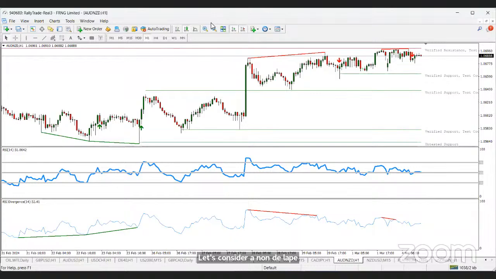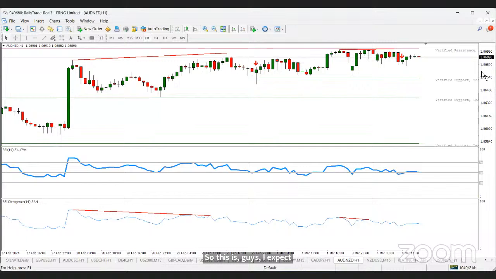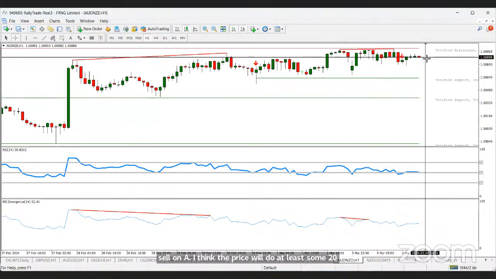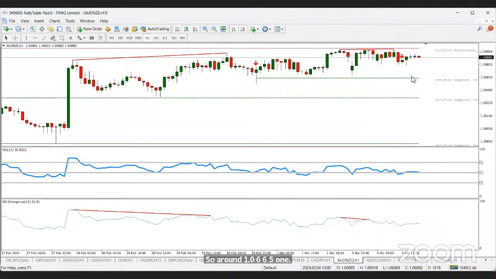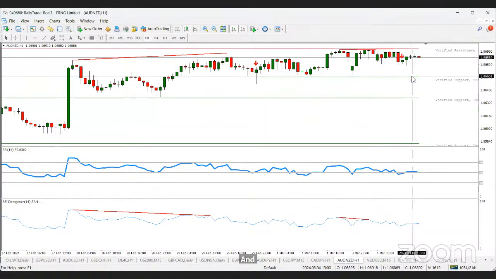So this is AUDNZD, guys. I expect a fall on AUDNZD. I actually expect a sell on AUDNZD. I think that price will do at least some 20 pips on AUDNZD to around 1.06651. So I'll look out for an instant sell on AUDNZD, guys, and I will sell to around 1.06650.